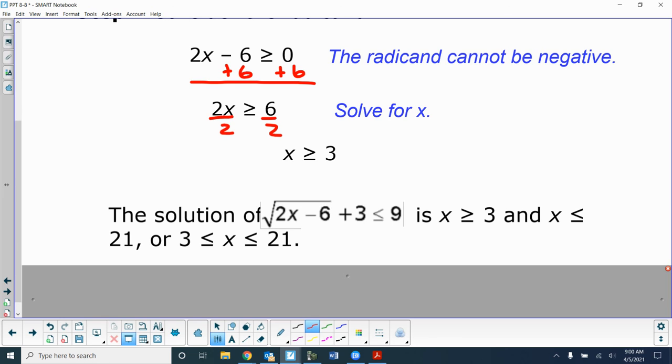So x is greater than or equal to 3 and less than or equal to 21, which most of the time we just write it like this. x is between 3 and 21. You can do either way. Write it with and or do the two less than or equal to. Okay?